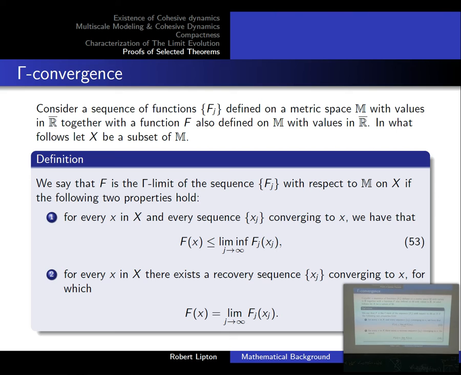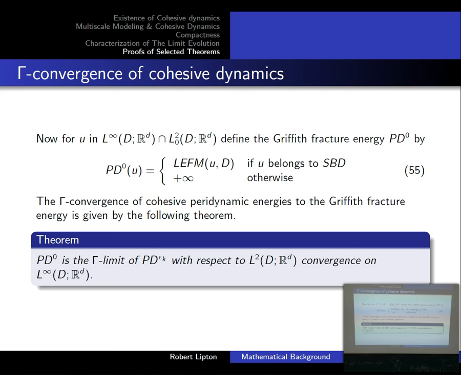If I plug in x here, I get Fj of x equals F of x. So if the initial data is in SBD and in L infinity, the sequence will be the function itself, and we recover it in the limit. That's the recovery sequence. So with that, we actually establish gamma convergence.